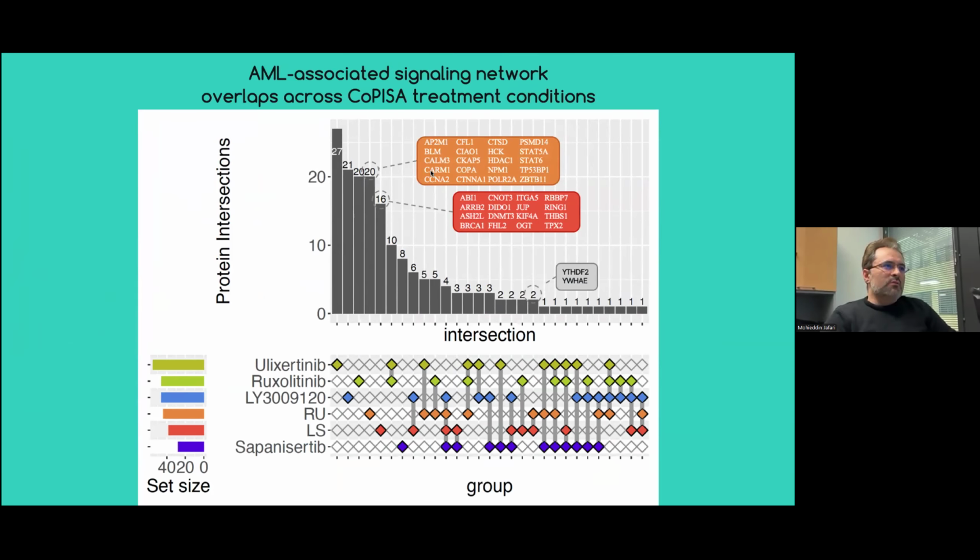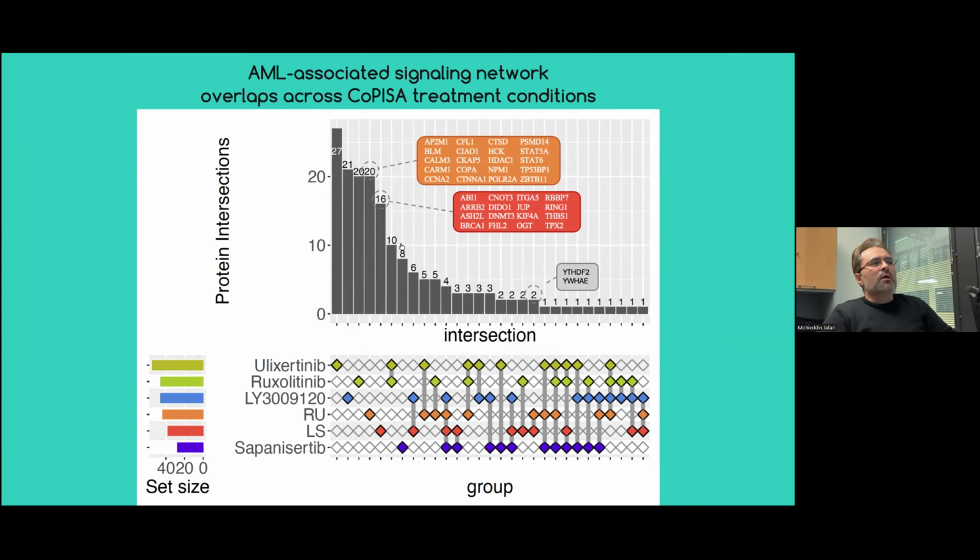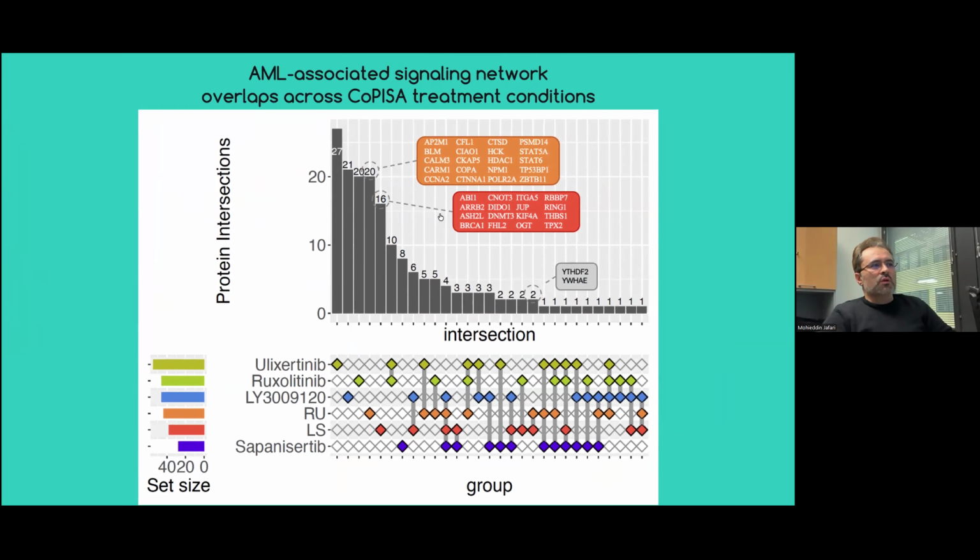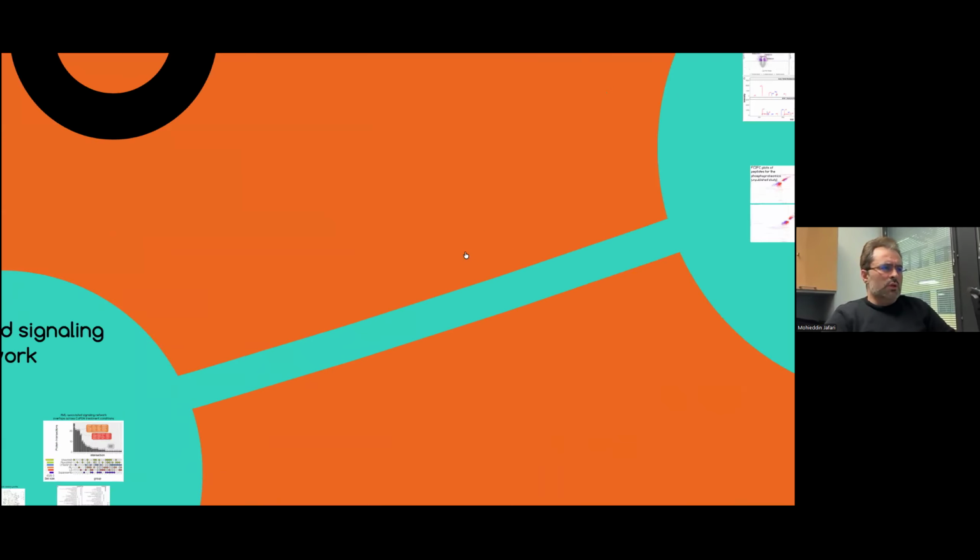You can see, for example, in the case of AML here, that 20 proteins are related only to the combination of RU, and 16 for LS. Those are specific in the AML signaling network, and they have roles in the AML disease. Then the efficacy of the combination could be related to these proteins.